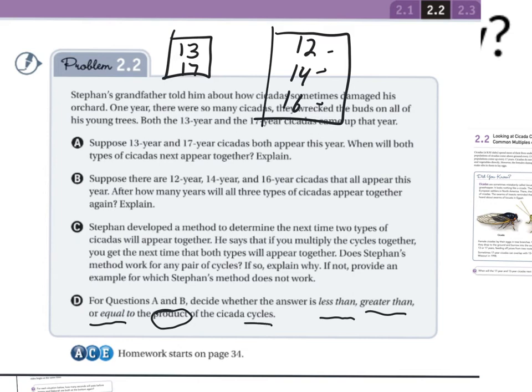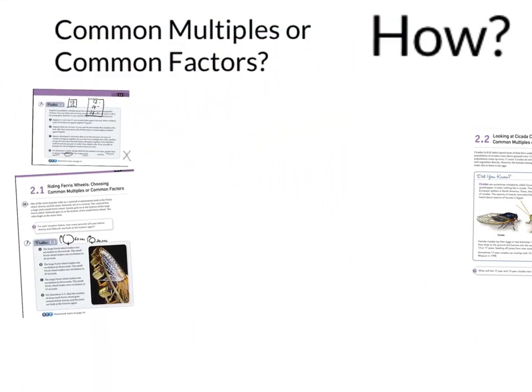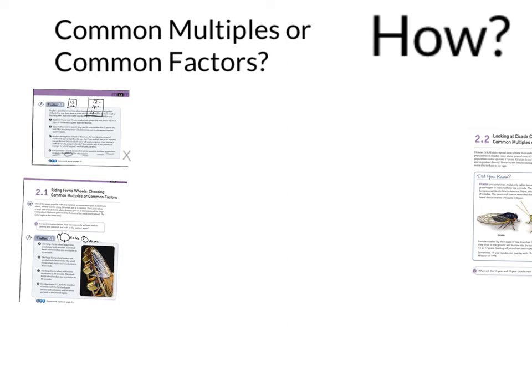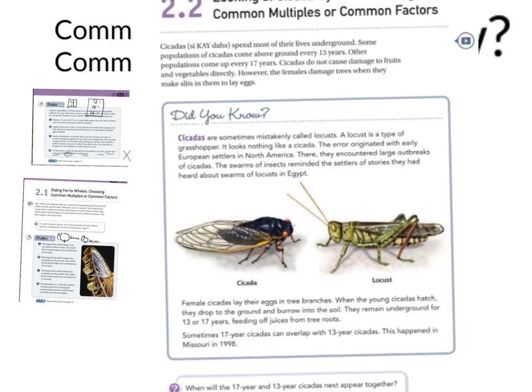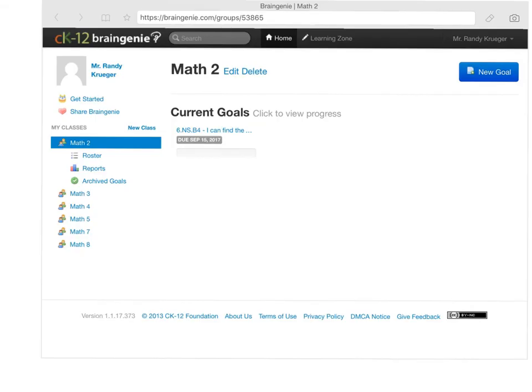And product, you know, is the answer to a multiplication problem. So that's problem 2.2, similar to the Ferris wheel, but in a way quite a bit different. And these are our friends, the cicadas. And you can read about that along. So how are we going to practice this?